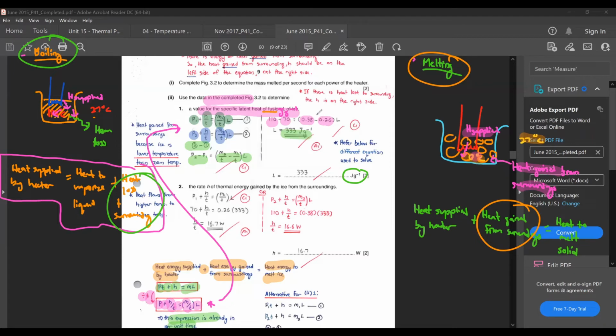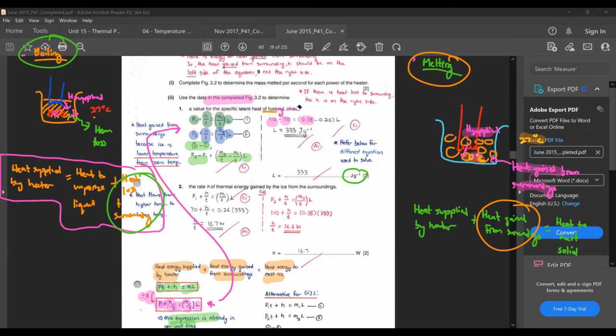And then the unit of your mass per unit time here is gram per second. Eventually, you realize that the per second will cancel, giving you joules per gram for L. So there's actually no conversions required for your units during your calculation here. Okay, so no need to change anything.